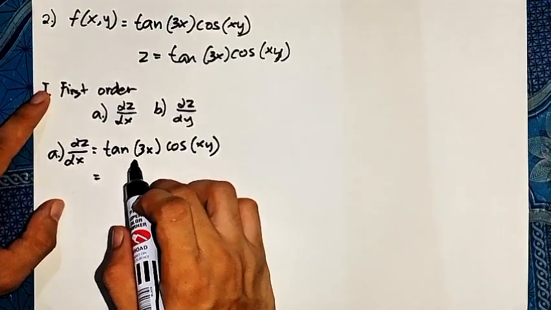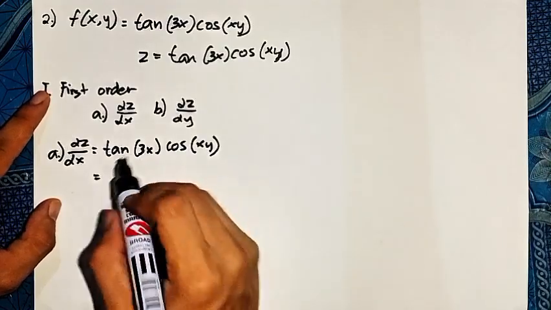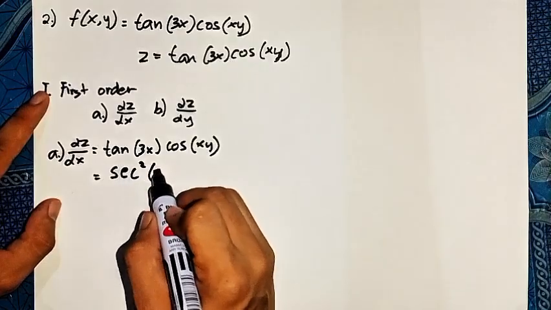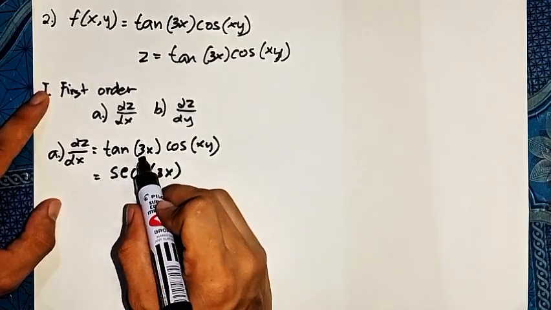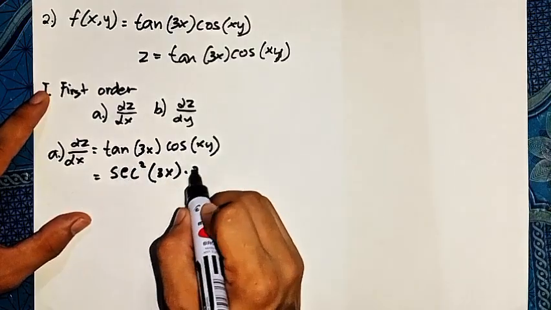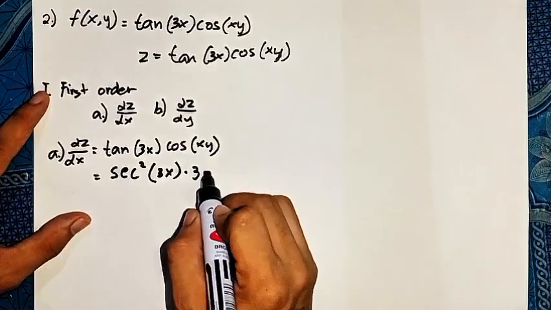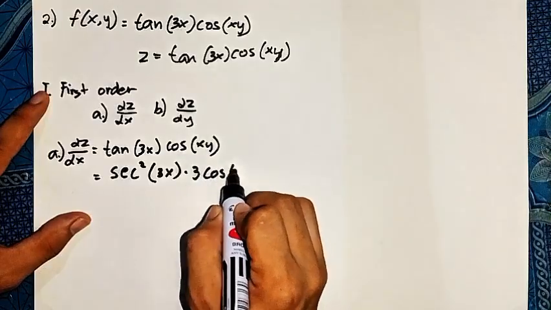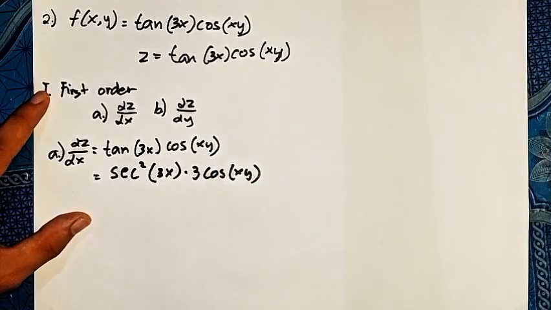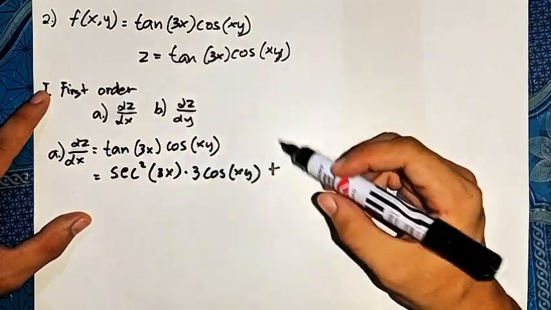Now we have tan 3x. First, what is the derivative of tangent, which is secant squared. Copy the 3x. Next, what is the derivative of 3x with respect to x, which is 3. Next, copy the cosine xy, plus, this time, cosine xy.